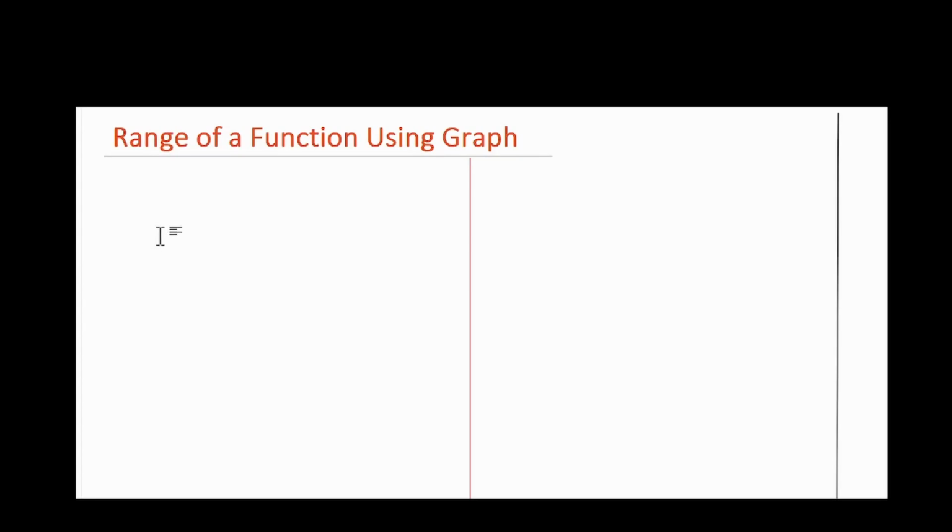In this lesson, we'll be talking about how to find the range of a hyperbola function using a graph. A hyperbola function is of the form f(x) = a/(x + p), where p is the horizontal asymptote.